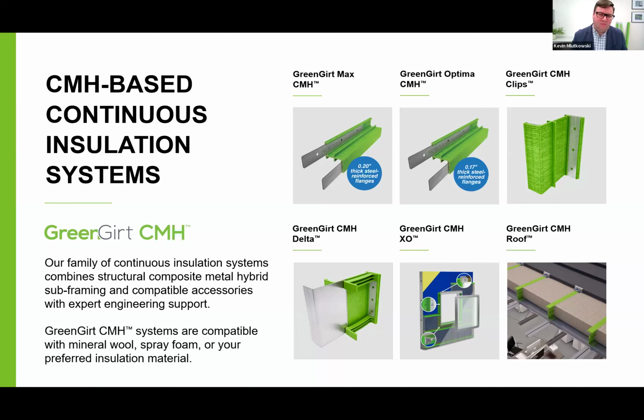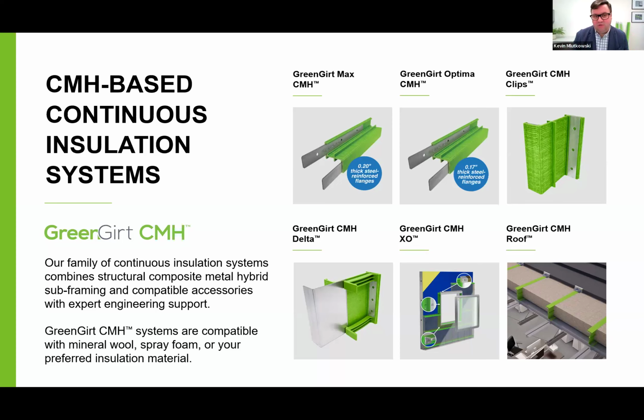It leverages that same composite metal hybrid technology to provide that thermal performance, but also the metal components, allowing the windows to be pushed outboard a bit, supported by that structural steel, that's steel or aluminum in the sill of the window plate.